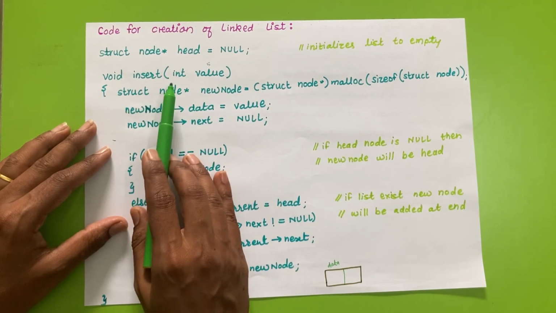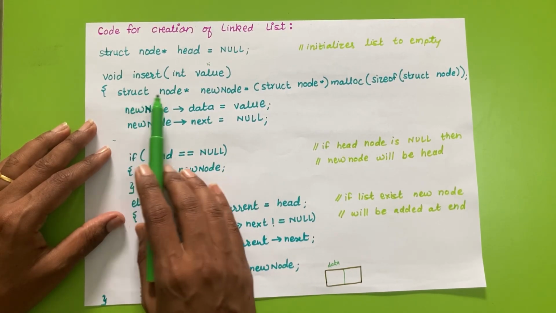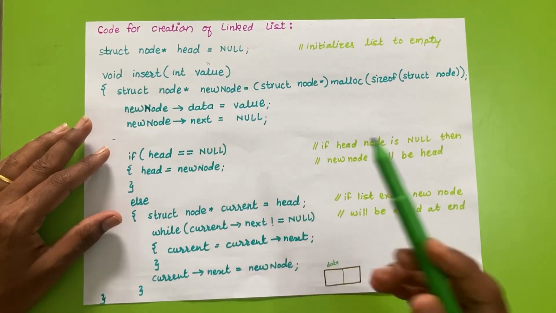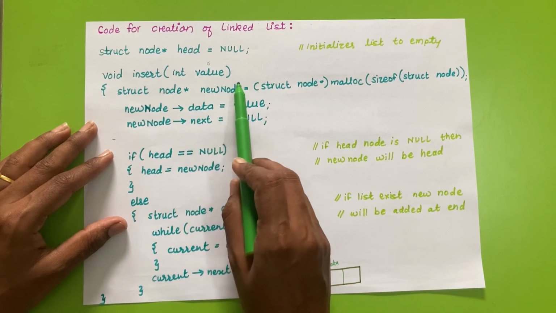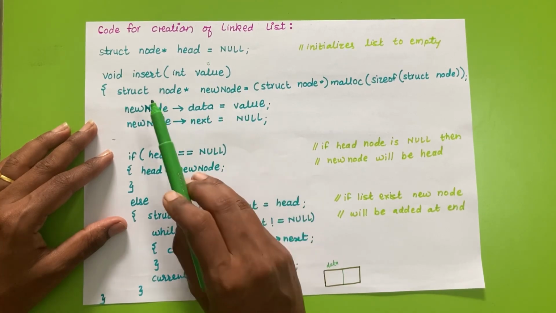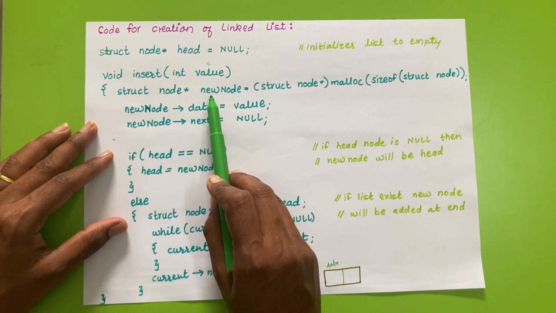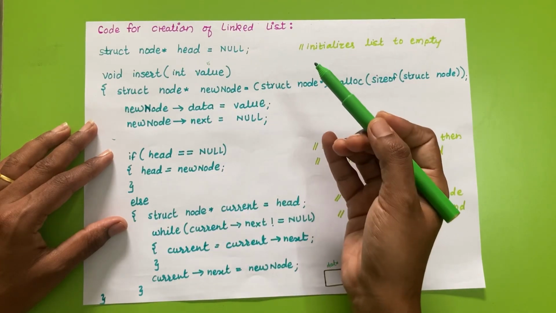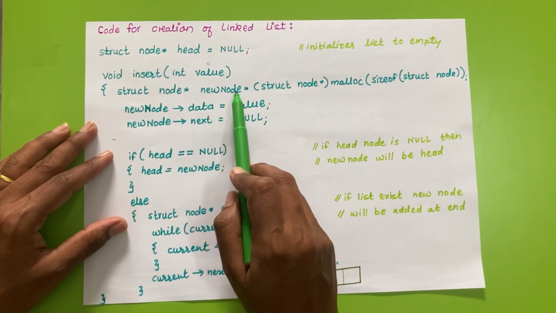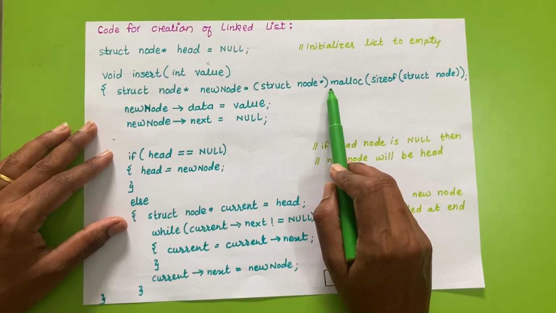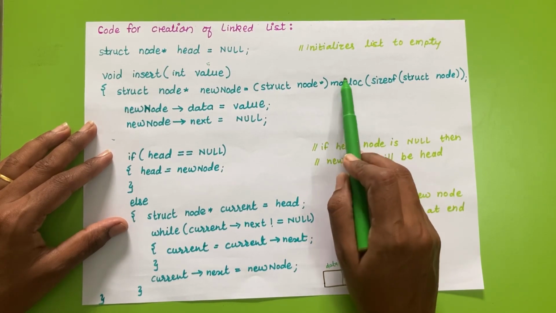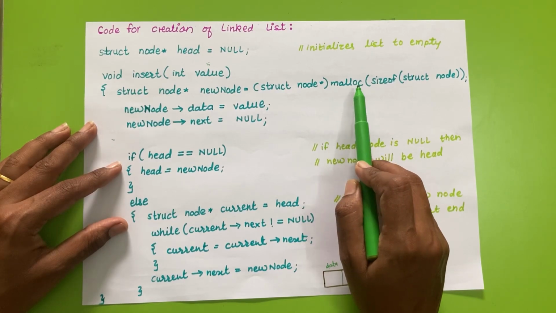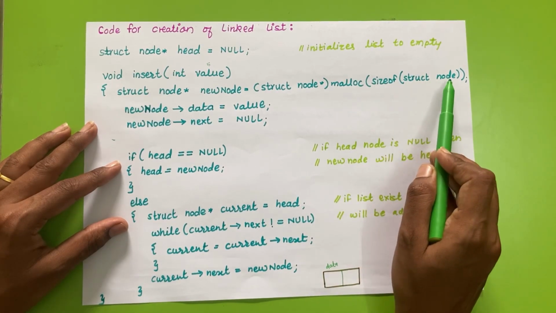Now we will move to the next line, struct node star new node. First we will take a new variable of the structure, that is new node, and we will assign memory to this new node by the keyword malloc. We want to assign memory of size struct node.